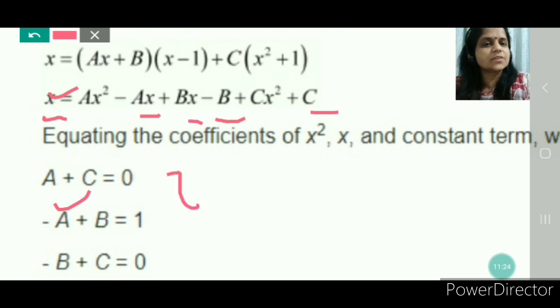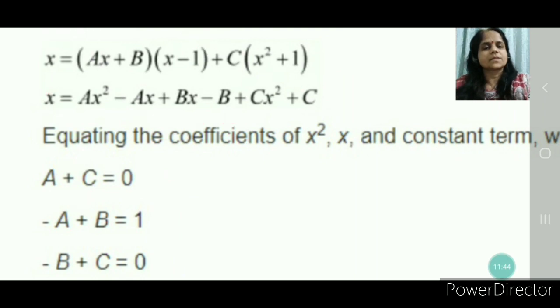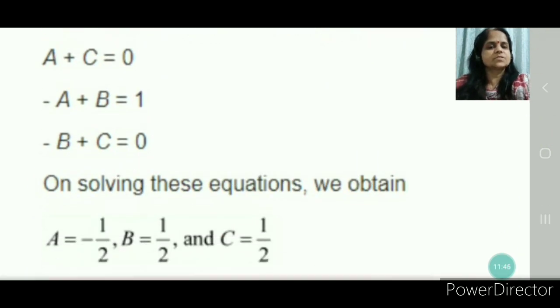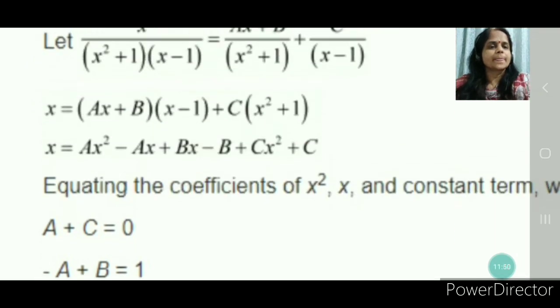You will get 3 equations, and now you can solve these equations and find the values of a, b, c. Or by the substitution method you can also find the values of a, b, c. If you take x equal to 1, then also you can find a, b, c, or by taking x equal to 0. So now on solving you will get the values of a, b, c.